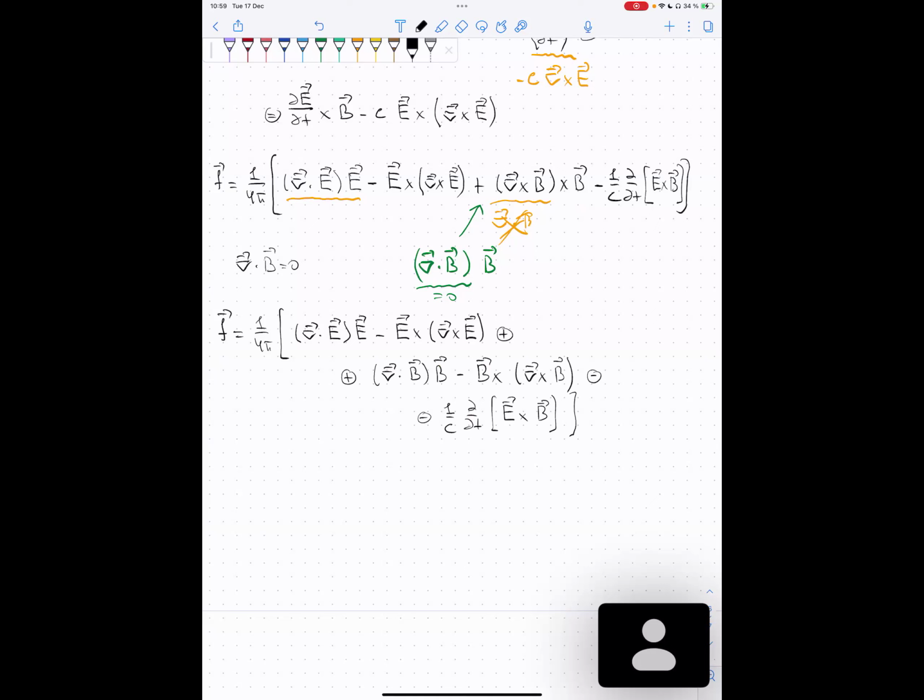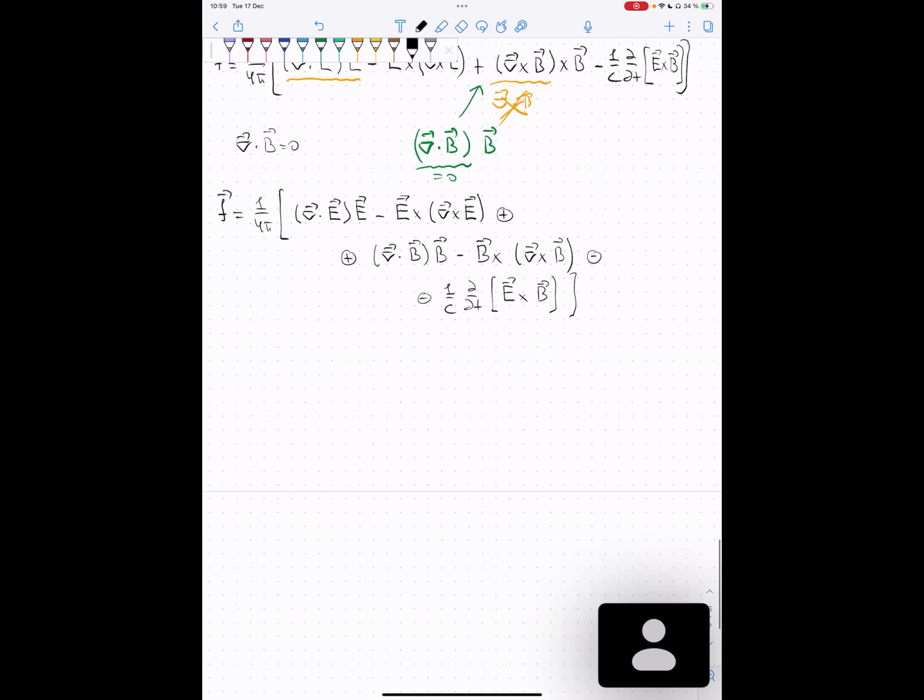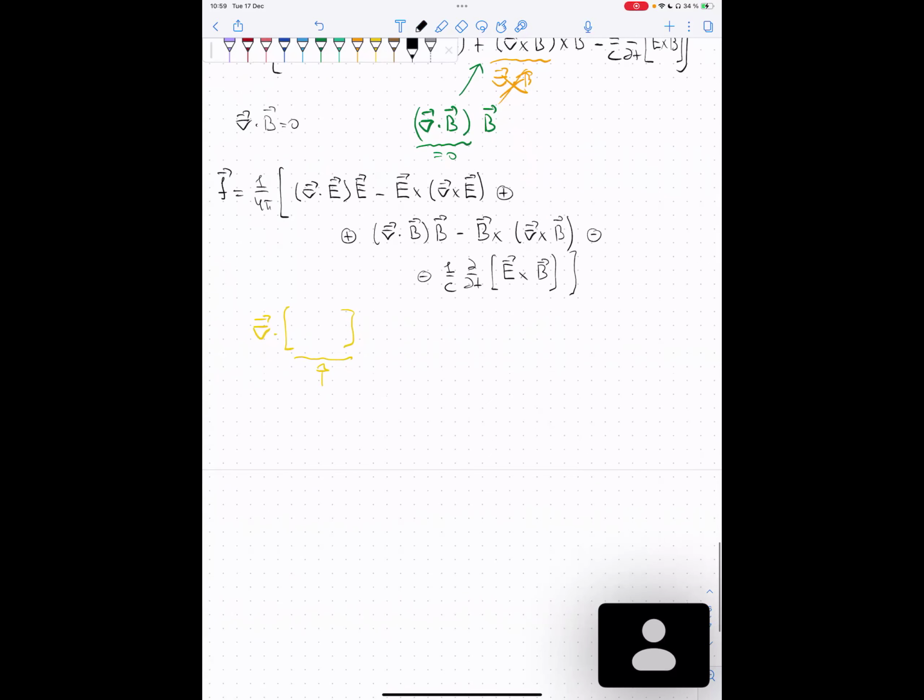And then we can rewrite this expression a little bit. If you remember, in the end, we need to arrive at the divergence of something, and this something will be our stress tensor. So we can use another vector identity here.